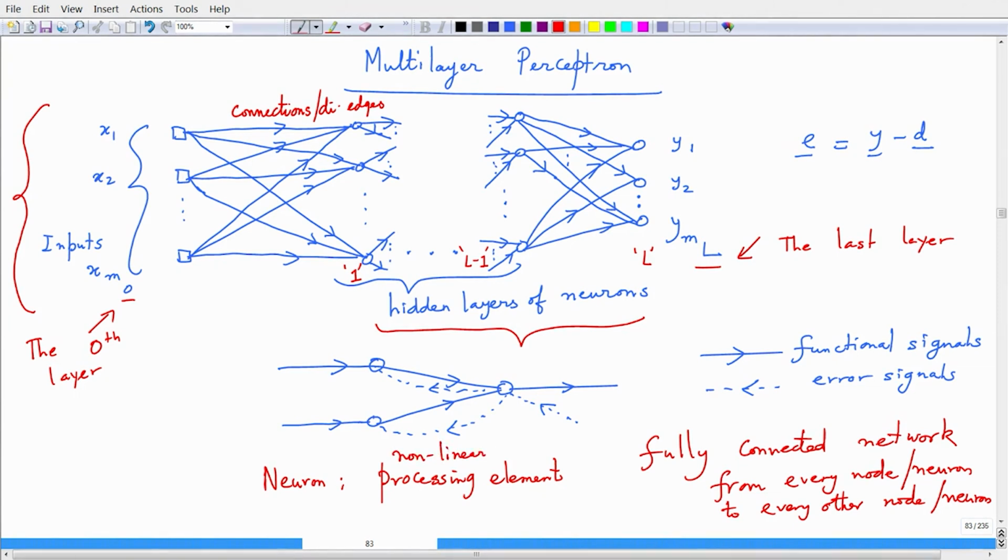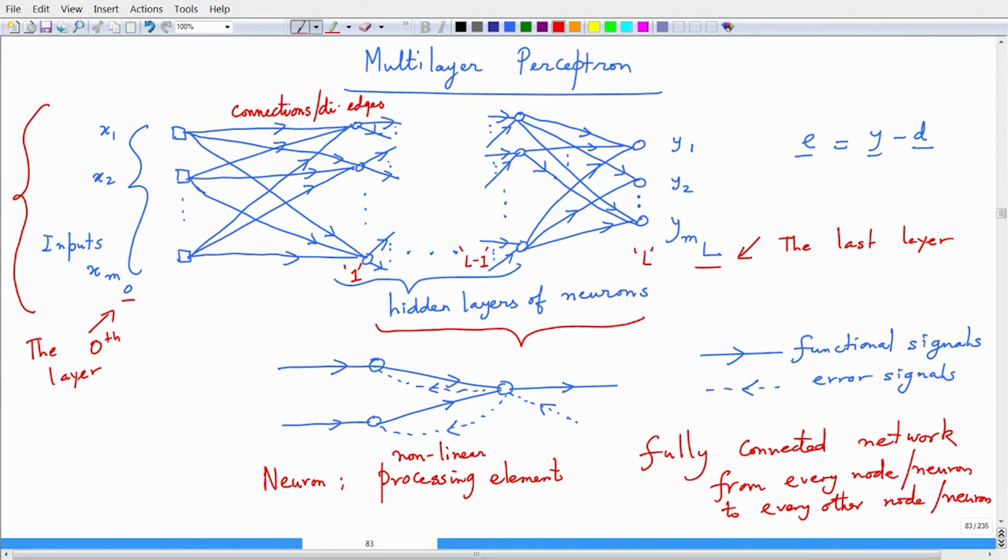Now, coming back to this architecture, so we have connections from every node to every other node in the form of these directed edges, because there is flow of information from one node to the other node, therefore, we have these directed edges. And at the outputs we have a bunch of nodes where edges will terminate at these nodes.